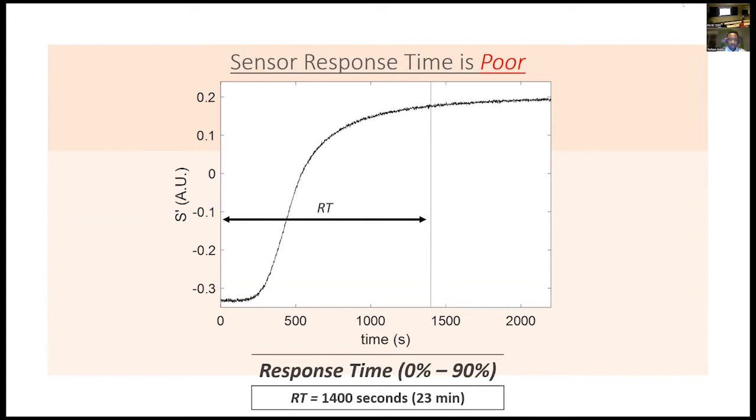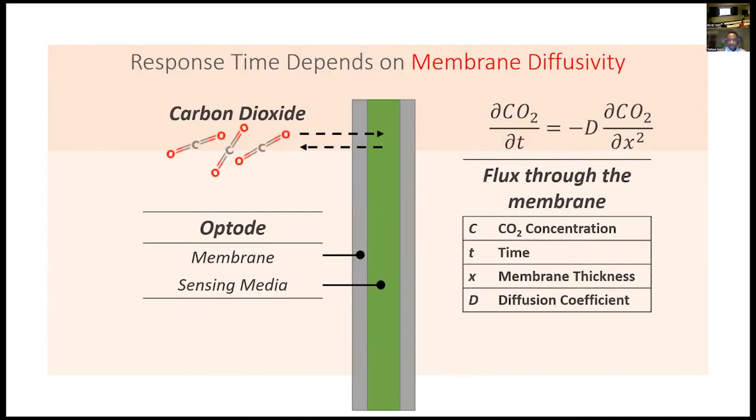And so, as part of the research, we were interested in improving the response time, and there are many different ways to do that. I think the most obvious one was, well, the membrane is literally in the way of the CO2 in the external environment and the CO2 in the sensing media.